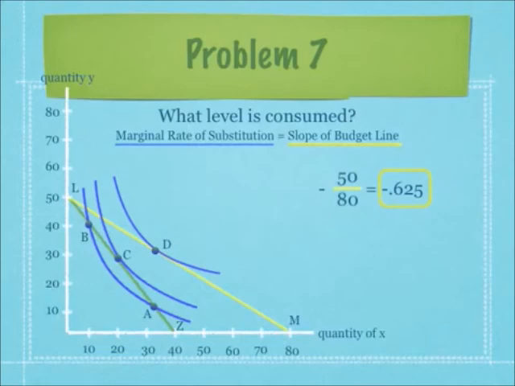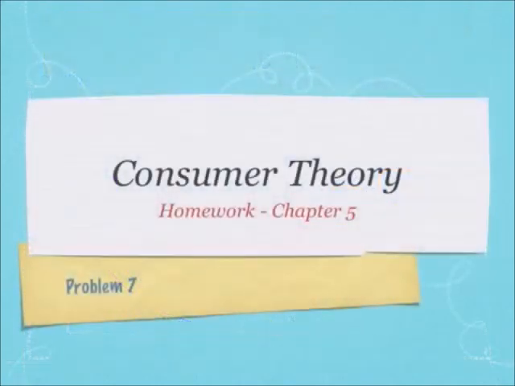Remember, there are two ways I can get the slope. One is simply the rise over the run. It's a negative slope. And also the ratio of the prices will be the same too. That's it for problem number 7.